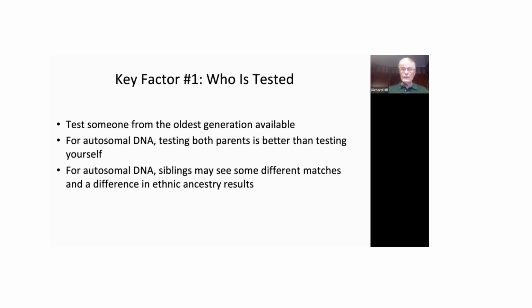When two siblings do an autosomal test, they are often surprised to see, first of all, that some of their distant matches are different, and their ethnic ancestry results are often different. Well, here's why that happens.